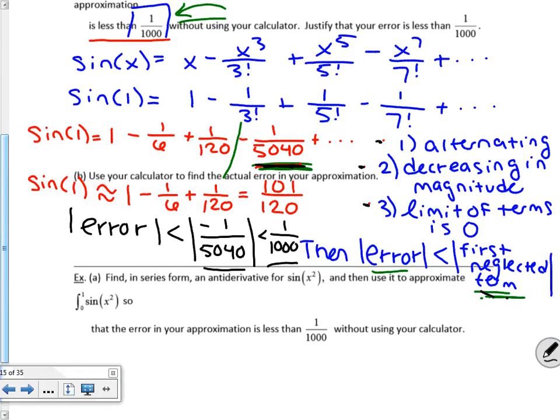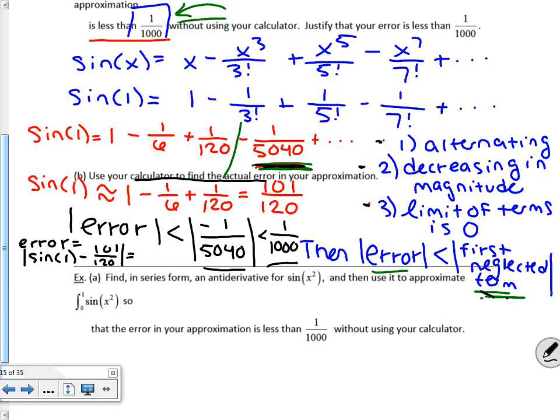Now, right here in part B, it said, use your calculator to find the actual error. Okay? If I do that over here, I find that my error, remember the error is equal to the absolute value of the actual value, so sine of 1, minus your approximation, which is 101 divided by 120.